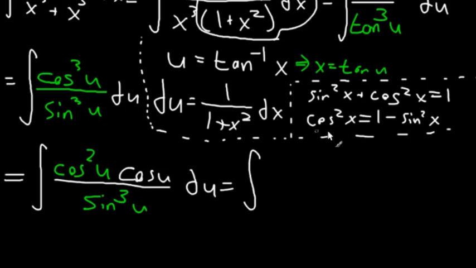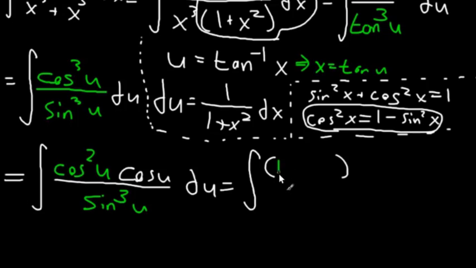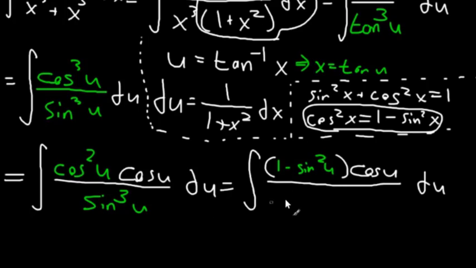And so we're going to use this trig identity right here to substitute 1 minus sine squared x in for cosine squared x. So you're going to get here 1 minus sine squared, and oh wait, it's not x, sorry, it is still u, and then it's still times cosine u du over the sine cubed of u.